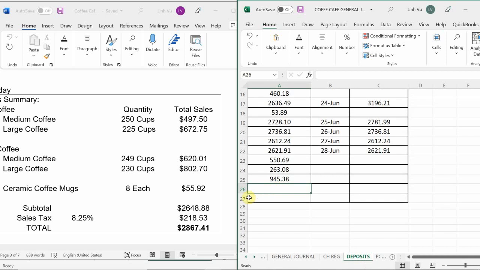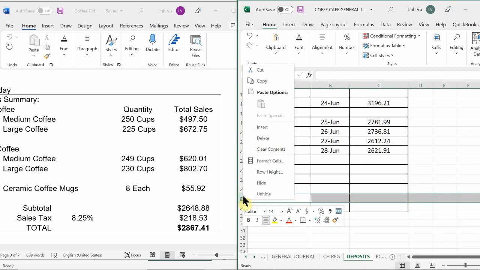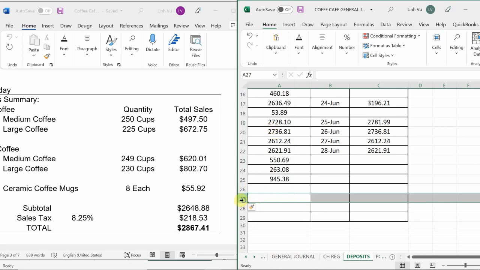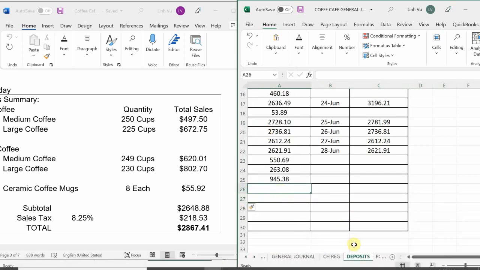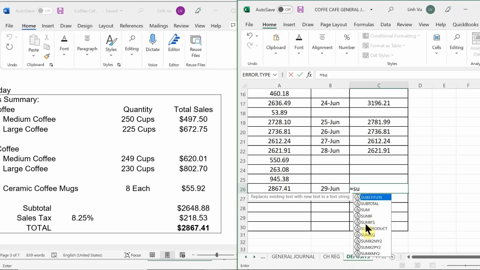Let me add an extra couple of lines here. Insert, insert, insert. For our deposits, we just received $2,867.41. It is the 29th, and we're going to deposit all of this, including the checks.